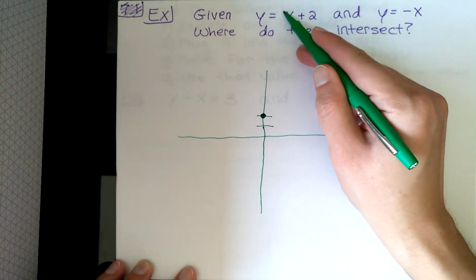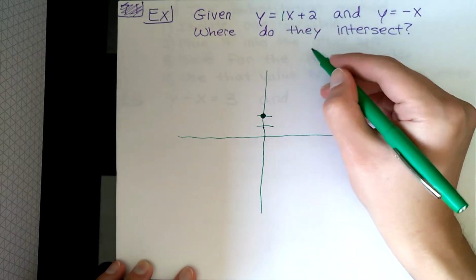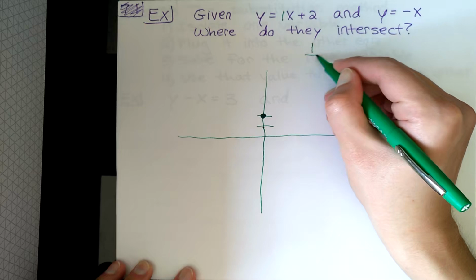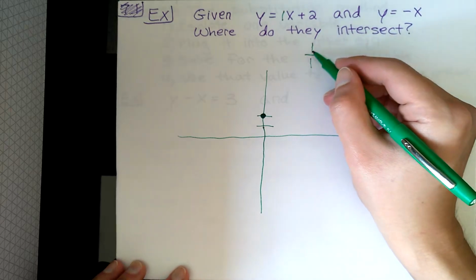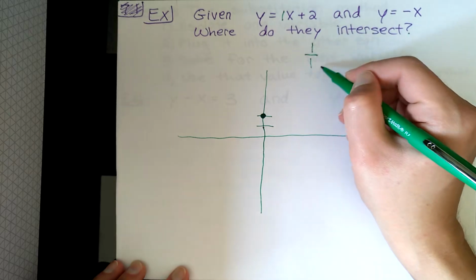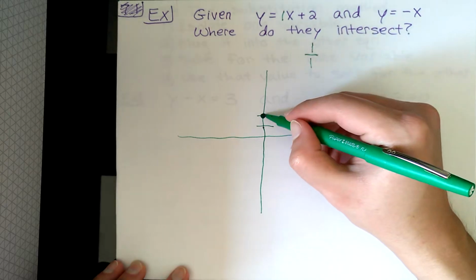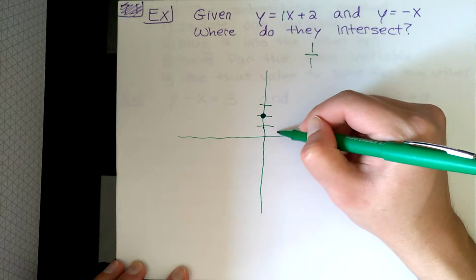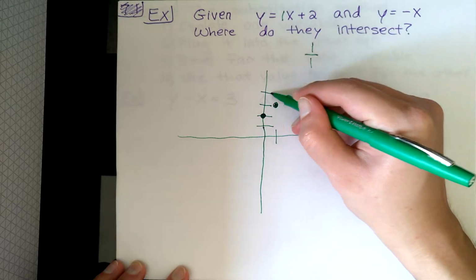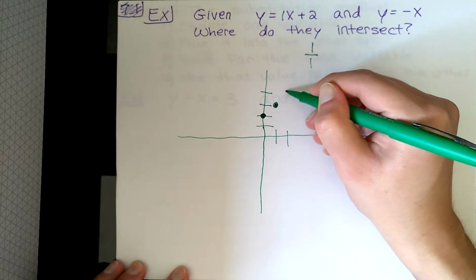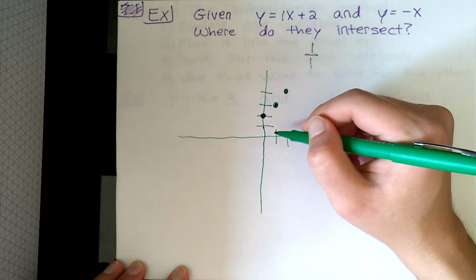So because there's a 1 in front of this x, that means if we change that to a fraction, we get 1 over 1. So for every 1 we go up, we go 1 to the right. So from this point, if we go up 1 and right 1, we get a new point. If we go up 1 again and right 1 again, we get another new point.